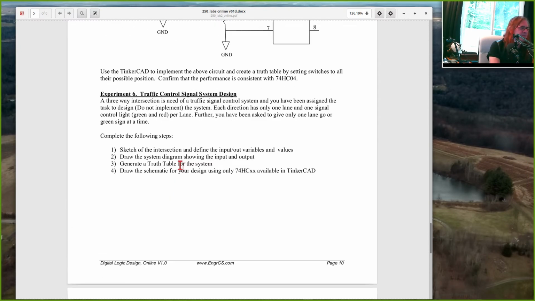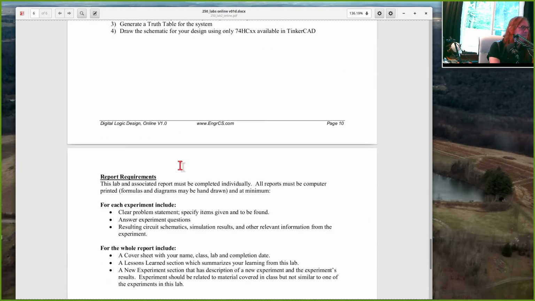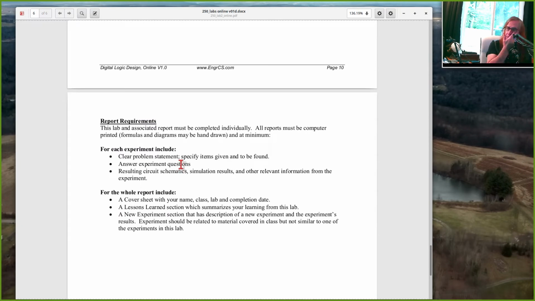Alright, so that was experiment 6. And we're going to talk about coming up with equations from truth tables in more detail and a lot of different ways to do that, and then going from those equations to circuits. And I saw some difficulties somewhere along that process.